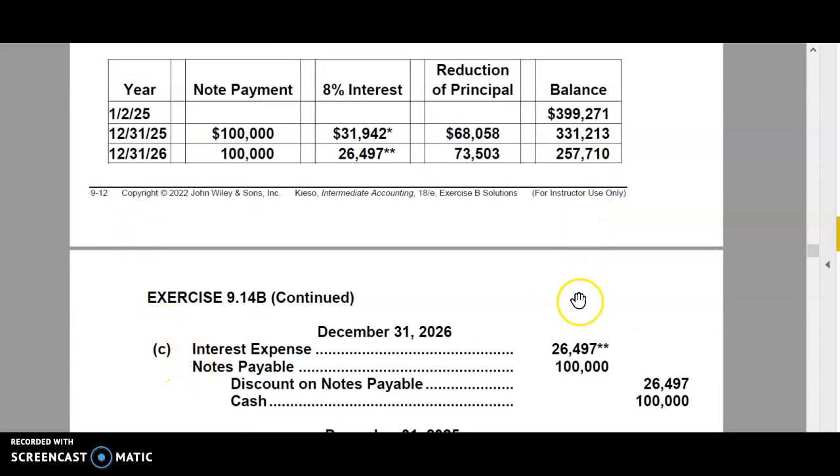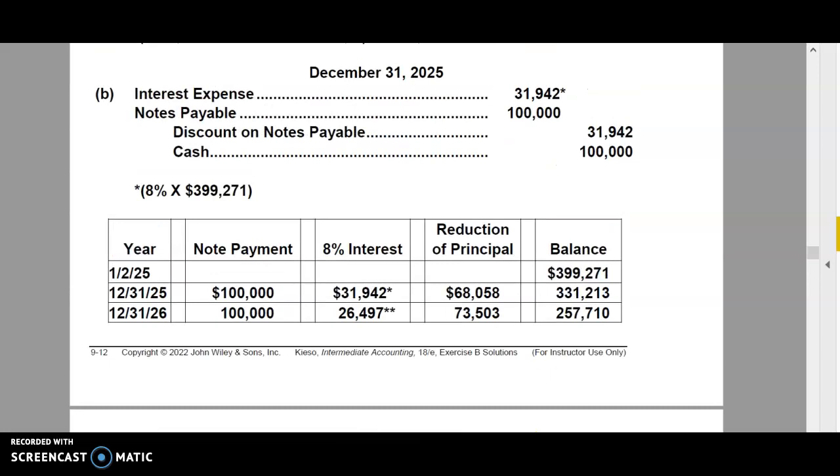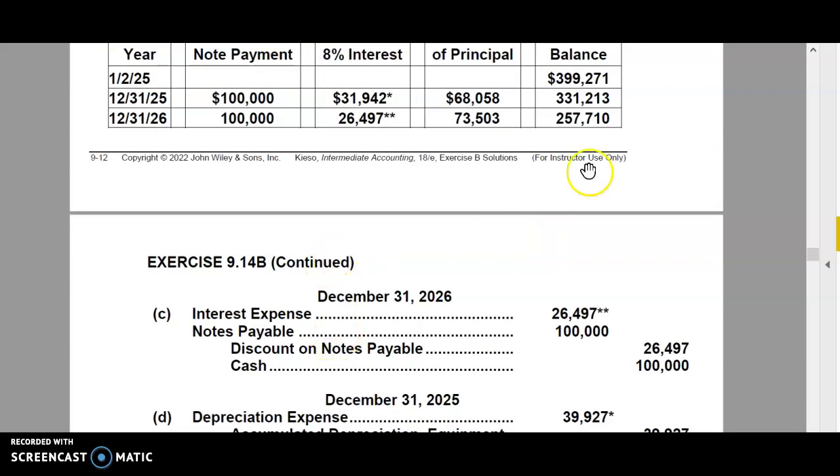So part C would be the next payment in the next year. So you're going to take your balance here. You're going to pay 100,000 on the note. If you want to go ahead and record that you paid 100,000 on the note, you're going to take 8% of your carrying value, which is the 331,213 times 0.08.